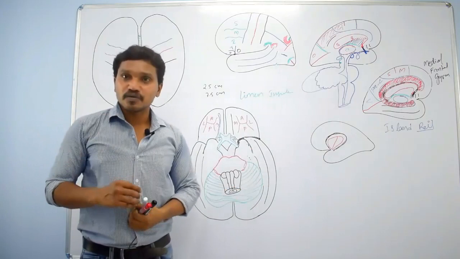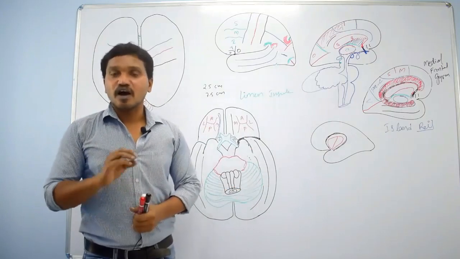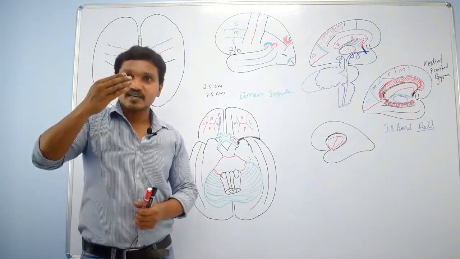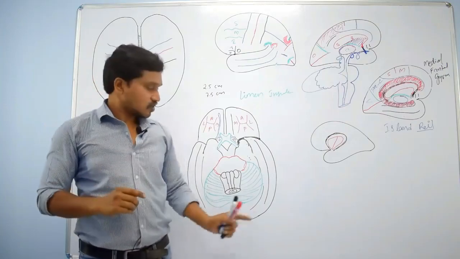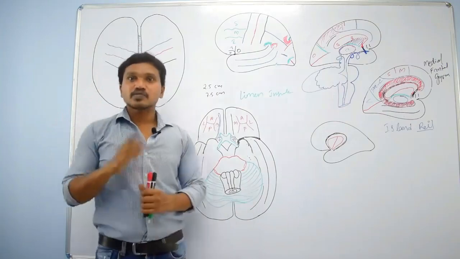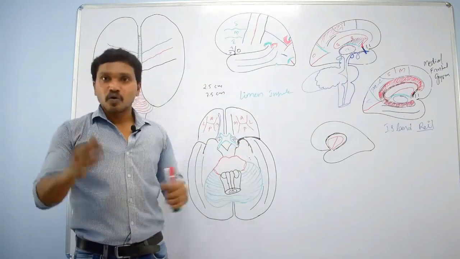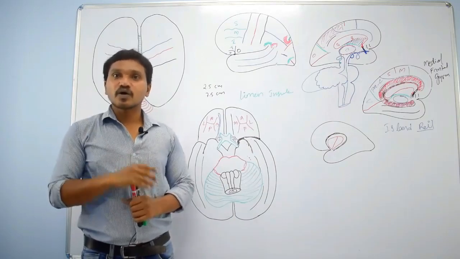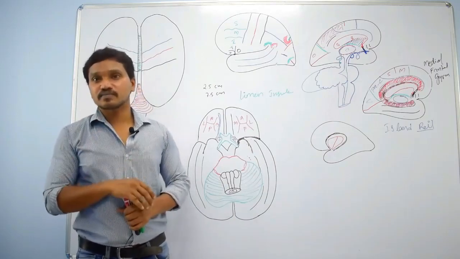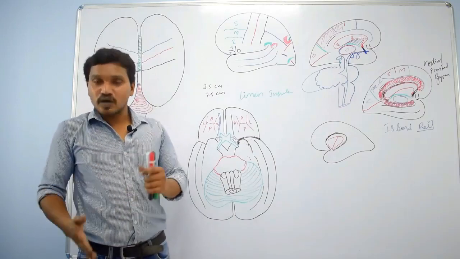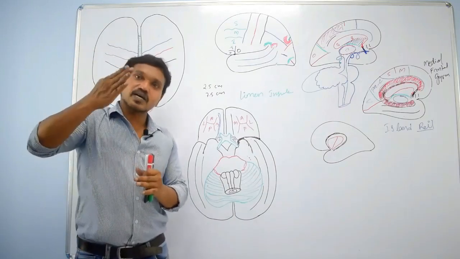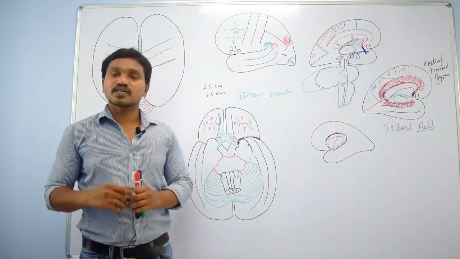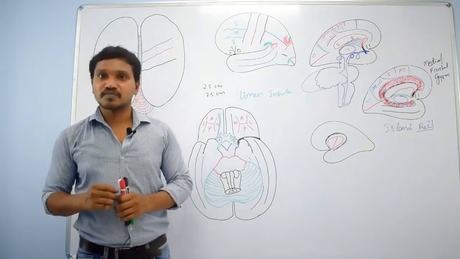If you observe the inferior horn of the lateral ventricle, you can see an invagination because of the collateral sulcus. When studying the lateral ventricle, you will encounter the word collateral eminence. That means the collateral sulcus invaginates into the inferior horn of the lateral ventricle, and that is how the eminence is formed.